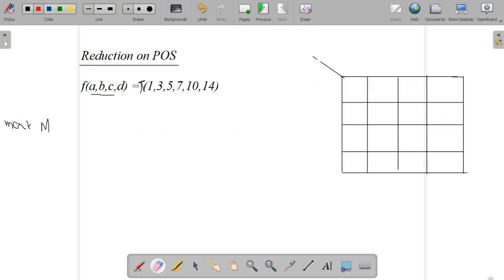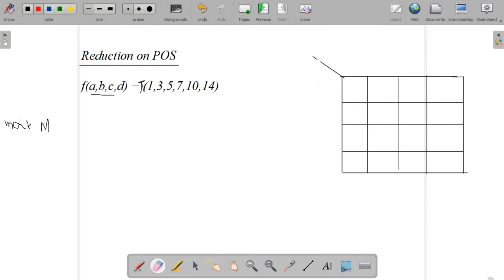Reduction on POS expression: till now we have discussed the reduction of pairs, quads and octets on SOP expressions. SOP means it is indicated by sigma, the sum of products or sum of minterms. POS is indicated by the pi symbol; in the form of literals it is the product of sums or product of maxterms. A maxterm is indicated by capital M, and here pi of 1, 3, 5, 7, 10, 14 are the maxterm designation values.